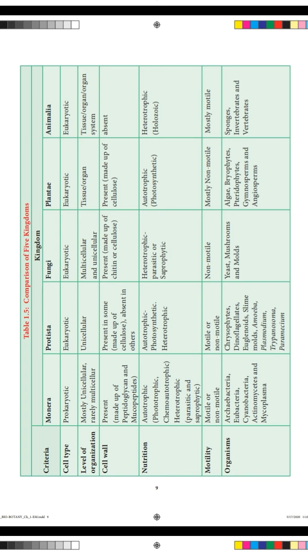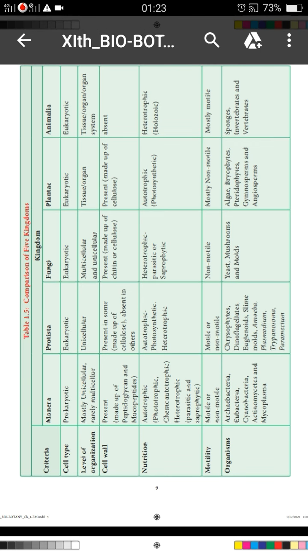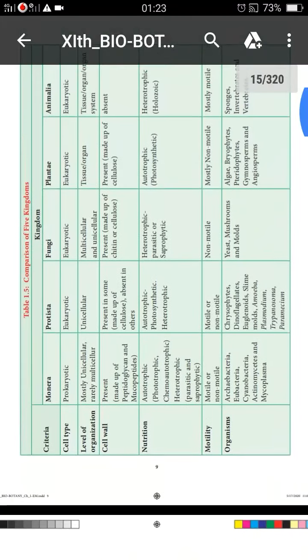Fungi, examples: yeast, mushrooms, molds. Plantae includes algae, bryophytes, pteridophytes, gymnosperms and angiosperms. Animalia: all the sponges, invertebrates and vertebrates were included under the Animalia. So this was the 5 kingdom classification as given by Whittaker.